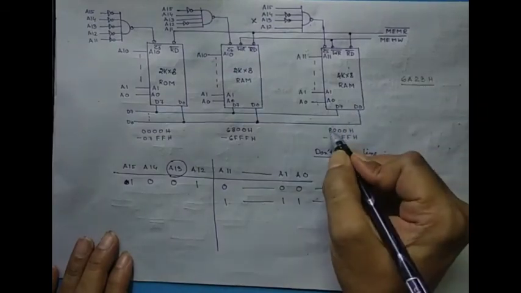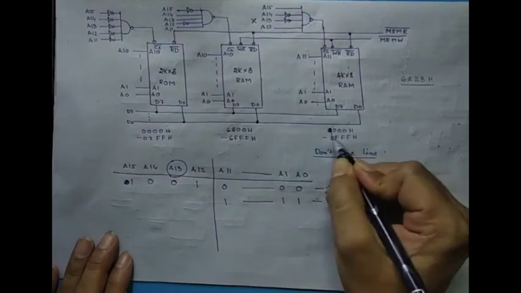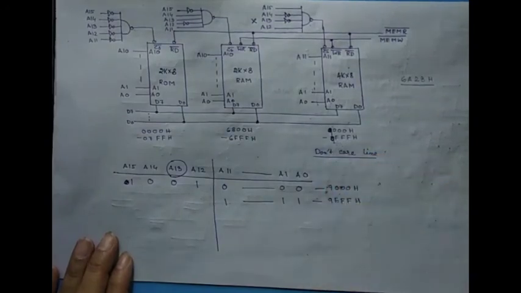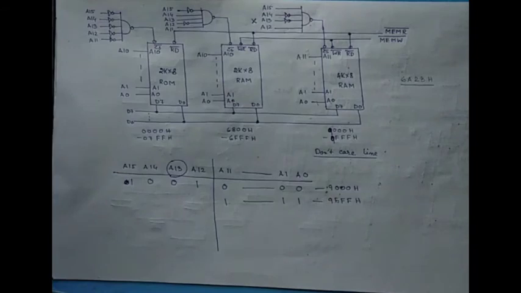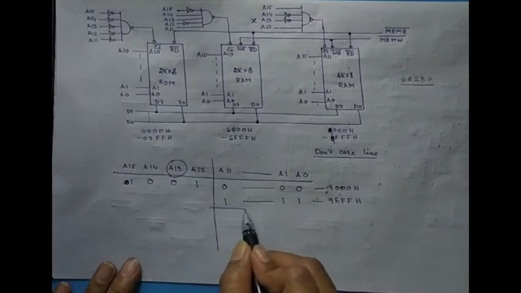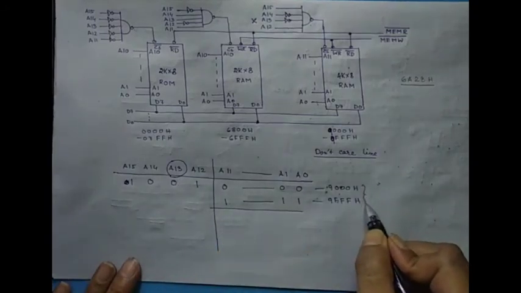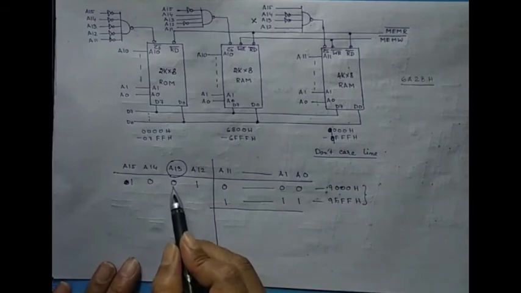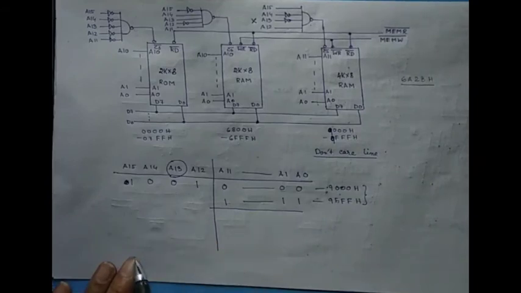I have written here wrong. The address range is 9000 hex to 9FFF hex. Now, one address range is this one. A13 address line can well be at logic 1.